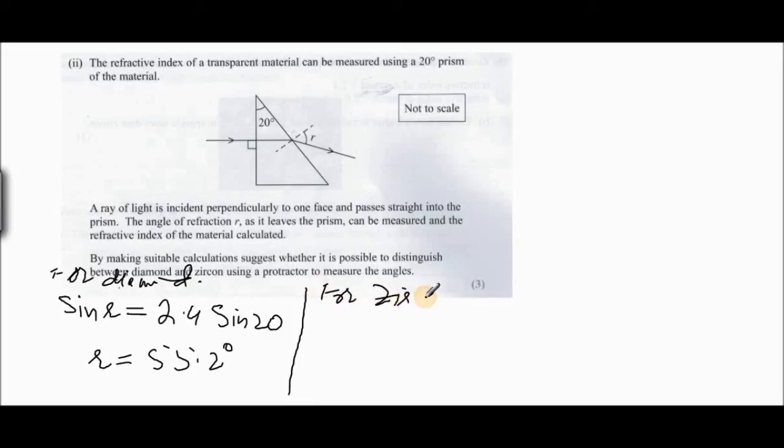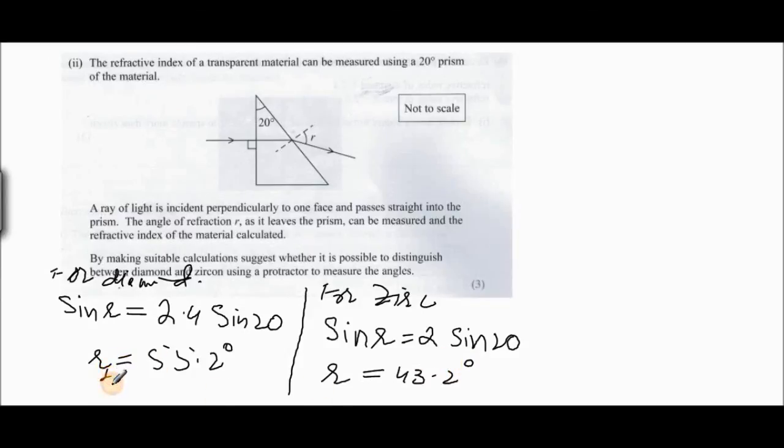Similarly you can do the same calculation for zircon. For zircon, you have sine R equal to 2 times sine 20. It will give you R equal to 43.2 degrees. So this is Rd, for the diamond prism, and this is Rz.